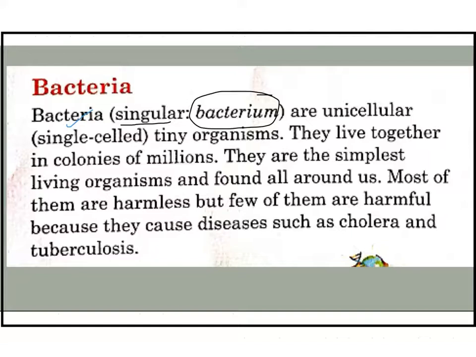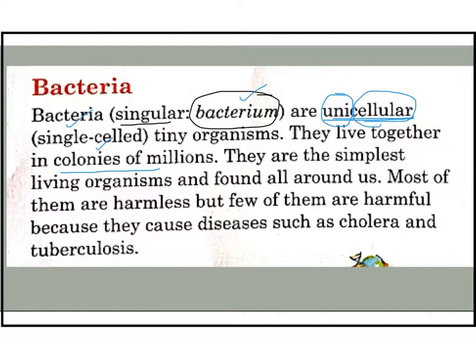And they are unicellular organisms. Uni means single, cellular means cell. So they are single-celled organisms, made up of only one cell, right? And they live in colonies, which means they live in groups.